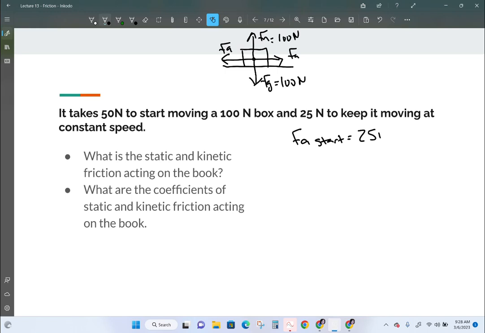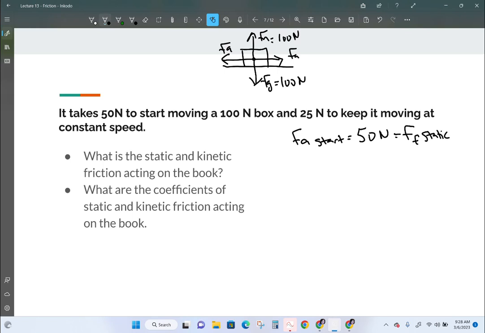So what this is telling me is that it's going to take 50 newtons to get it started, and 25 newtons to keep it going. So we want to figure out the friction coefficients. If it takes 50 newtons to start it, then that must be how much static friction it has.